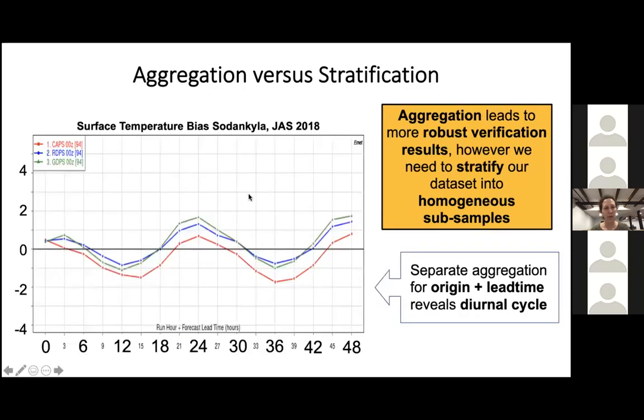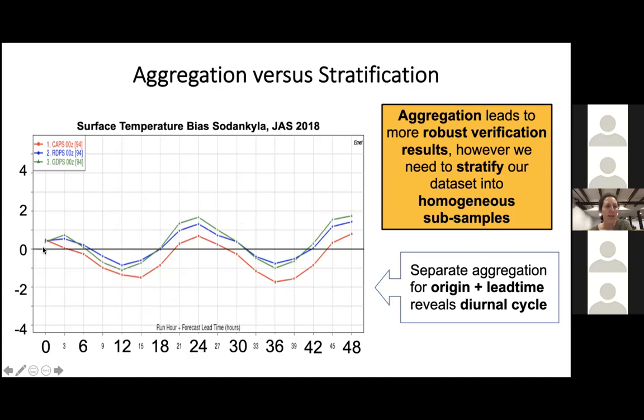Another example: usually when we compute scores, we look at the behavior of the scores with the lead time. So this is an example where I have a bias, and the bias a lot of times has a diurnal cycle.